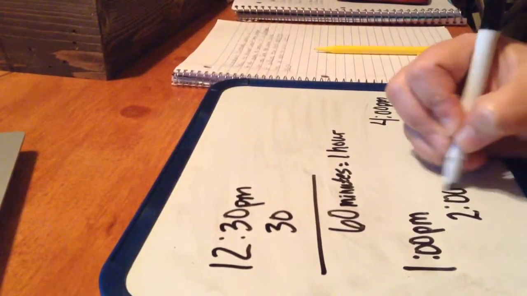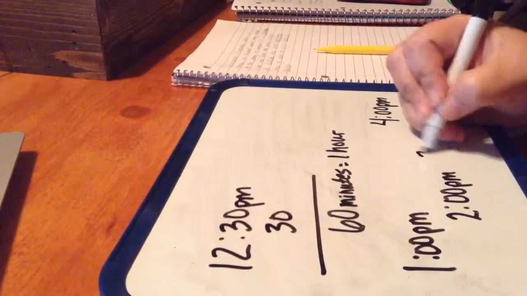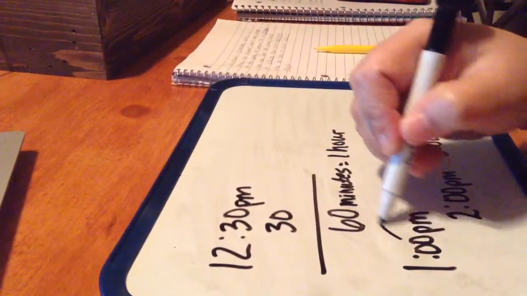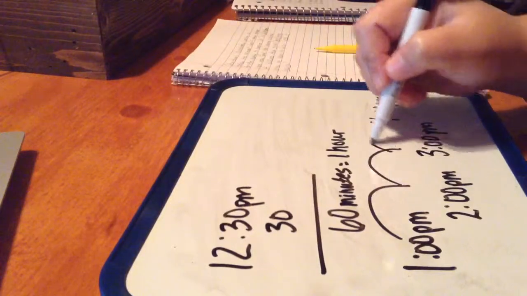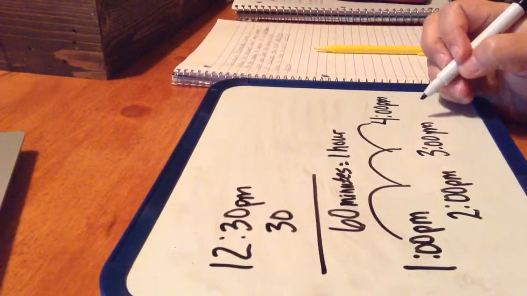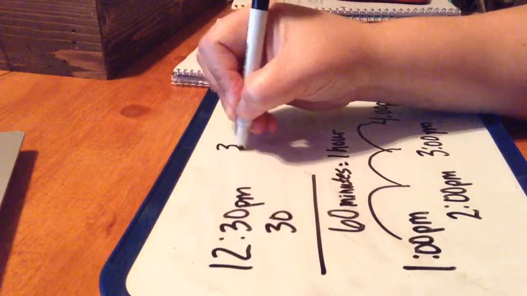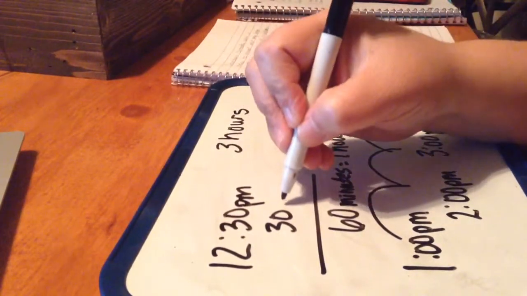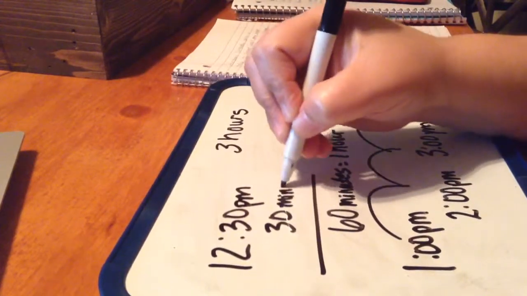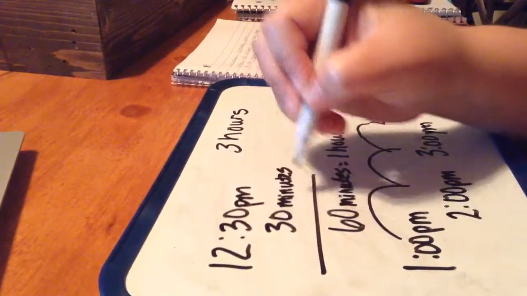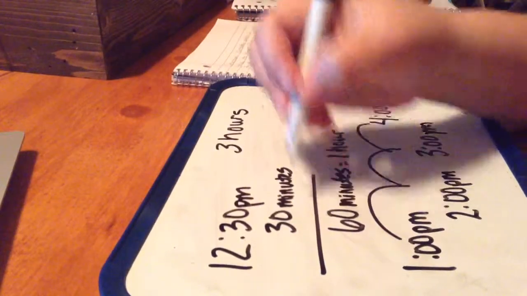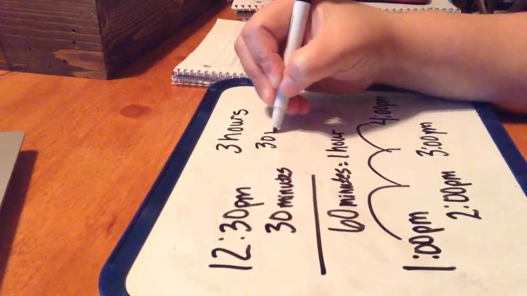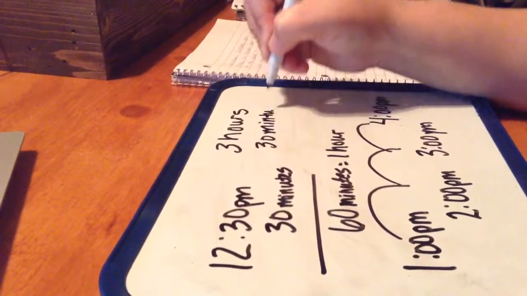The next hour is 2 p.m., then it's 3 p.m., and then 4. So it takes us 1, 2, 3 hours to get to 4 p.m. So 3 hours. And remember, we need to add that 30 minutes back right here, since we regrouped this to make it 1 hour. So we're going to add that 30 minutes to 3 hours, and it'll be 3 hours and 30 minutes until the party begins.